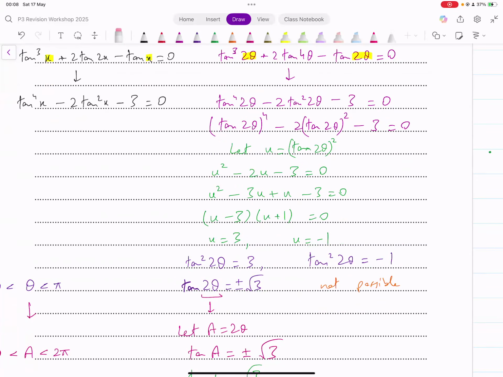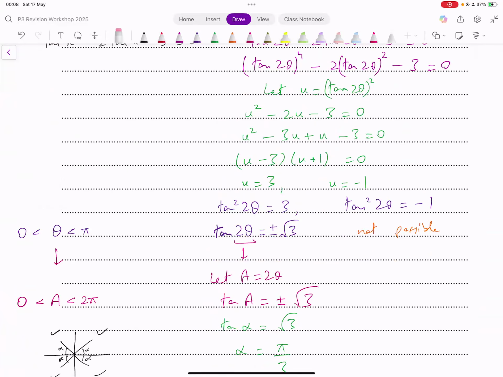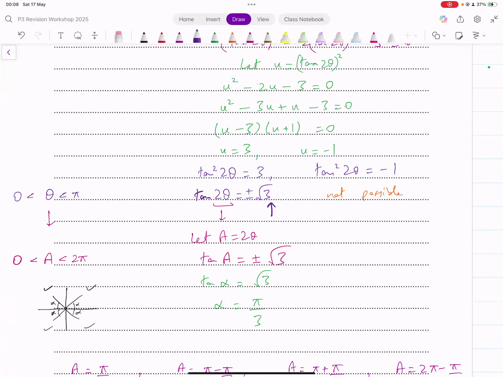Tan square cannot be negative, right? A square number cannot be negative. So we don't get anything from this. For the other one, we take square root. We get plus minus square root of 3. Do not forget plus minus whenever you take square root. For any even root, sometimes you have to take 4th root, 6th root, square root, all of these, they will always have plus minus with them. Any even root will have plus minus.